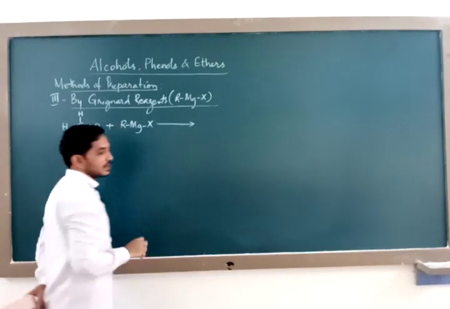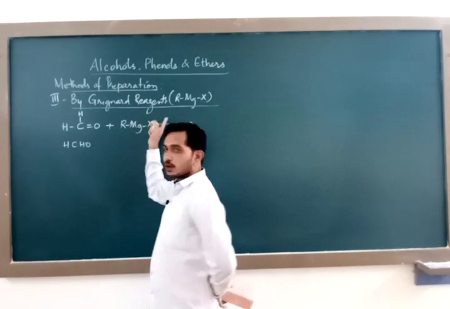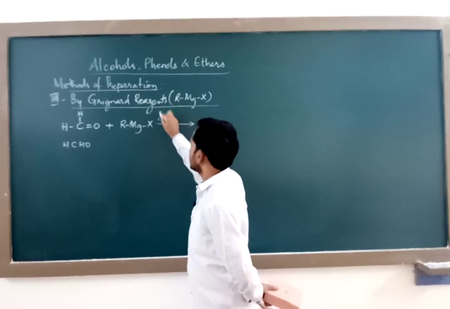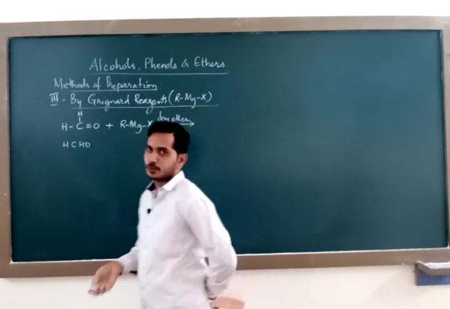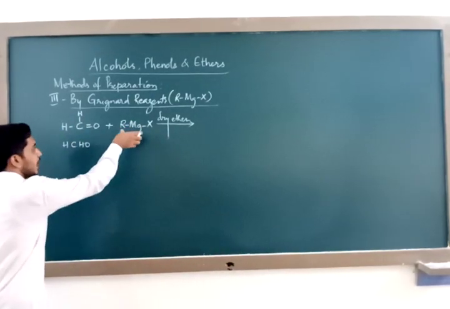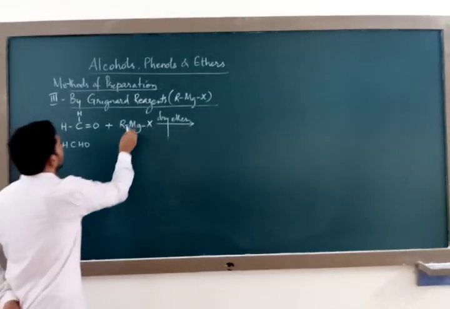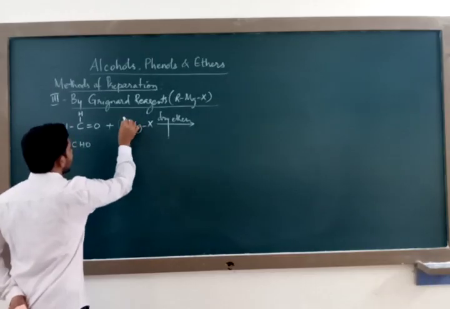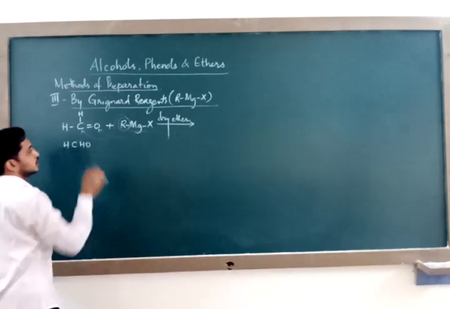You should also remember, whenever Grignard reagents are in the picture, another reagent should be written on the arrow mark. It is compulsorily dry ether. Without dry ether, the reaction will not proceed. At least in the initial stage, when a Grignard reagent has to react with some compound, you are supposed to add dry ether.